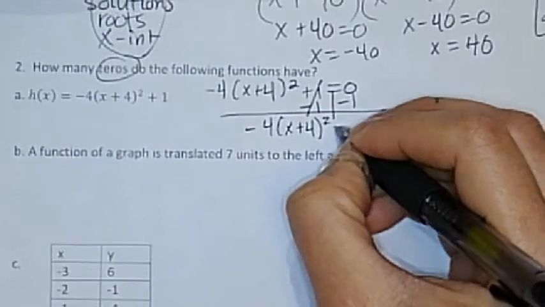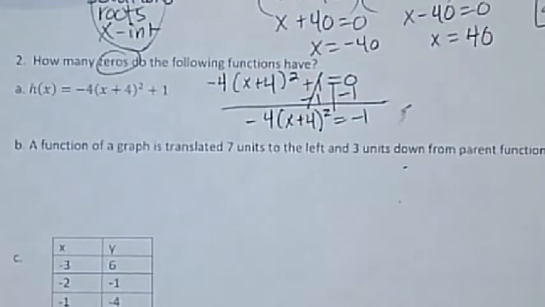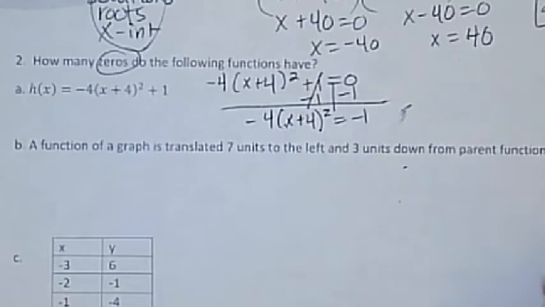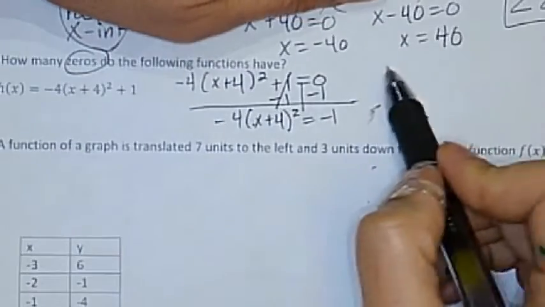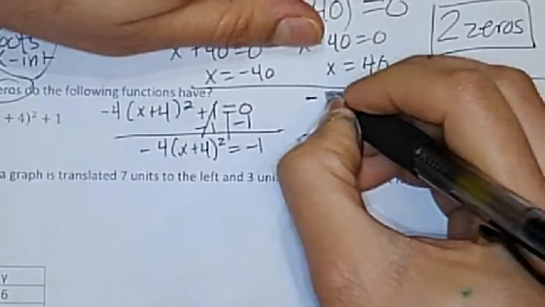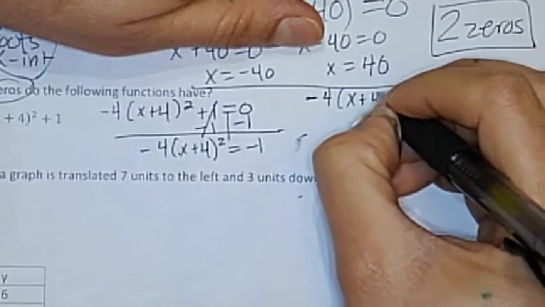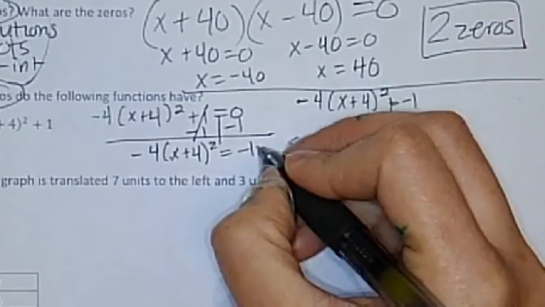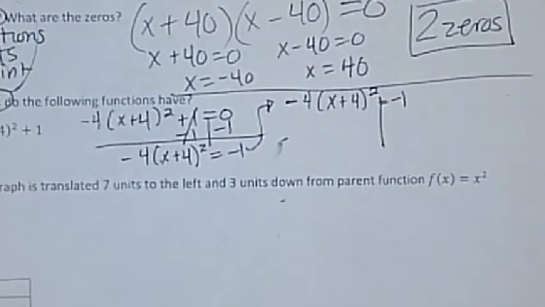So I'm going to start doing inverse operations to free the x. I'm going to actually rewrite this piece over here so I have more space. Sorry, I didn't give you enough space there. Okay, so I'm just rewriting it here.